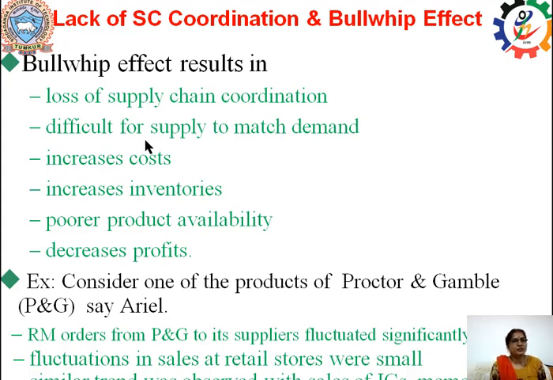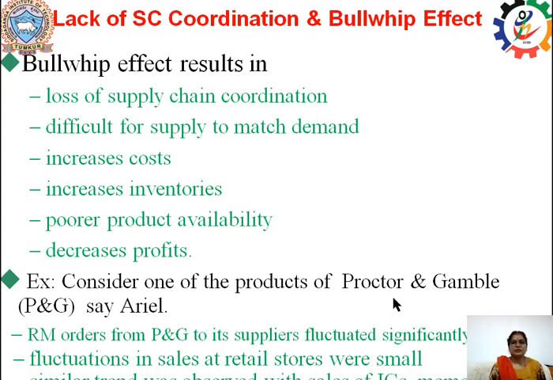What is the meaning of product availability? When a demand comes in from the customer, if it is satisfied by the available inventory, then we say product availability is there. And if when the demand comes in, the product is not available in the inventory, we call it a stockout. And ultimately, it will decrease the profitability.